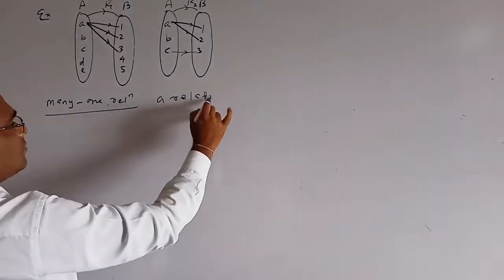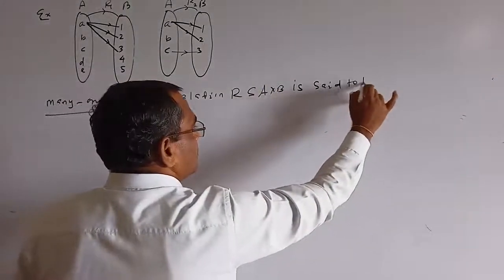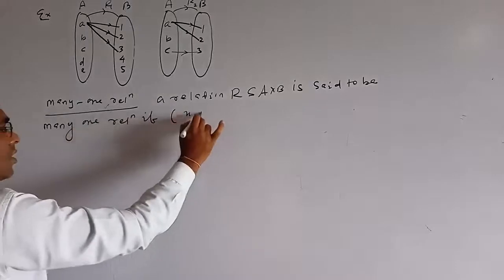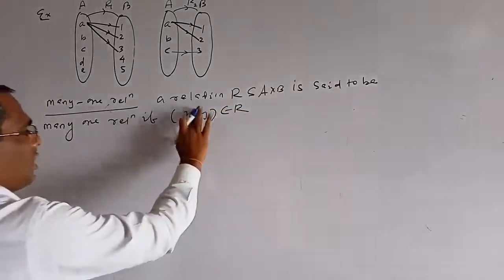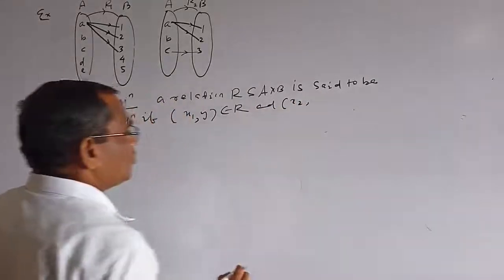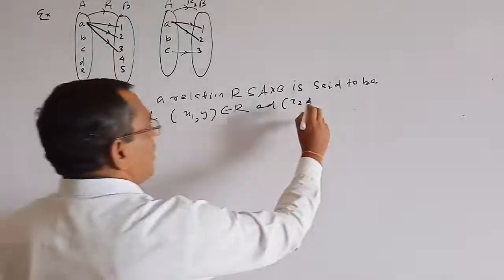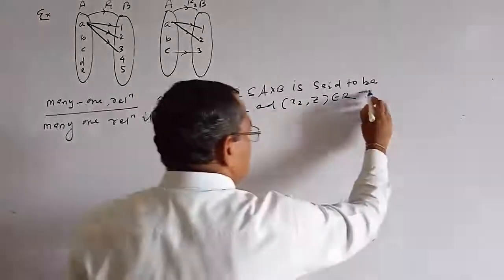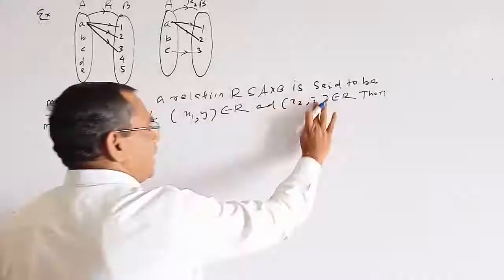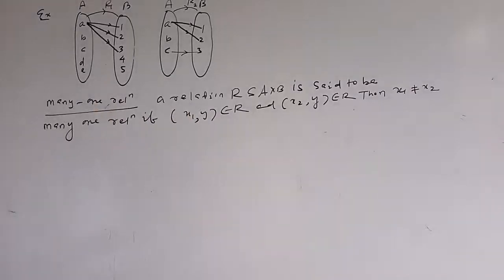A relation R, a subset of A cross B, is said to be a many-one relation if (x1, y) belongs to R and (x2, y) belongs to R, then x1 is not equal to x2. Here x1 is not equal to x2.